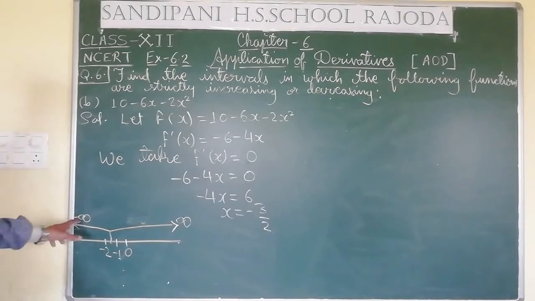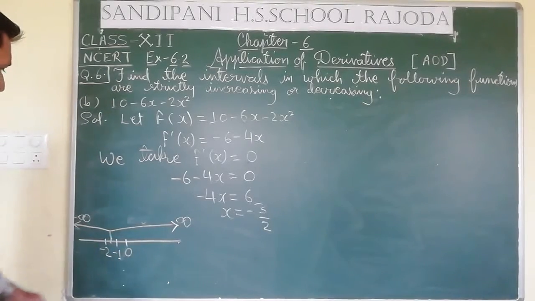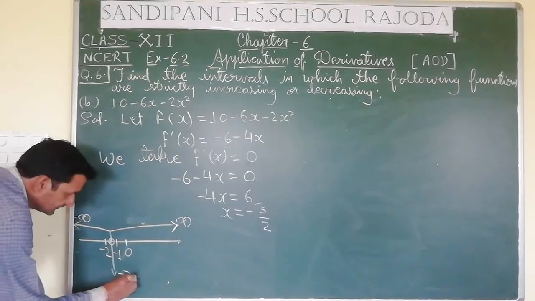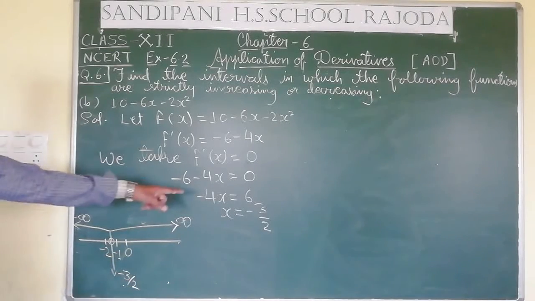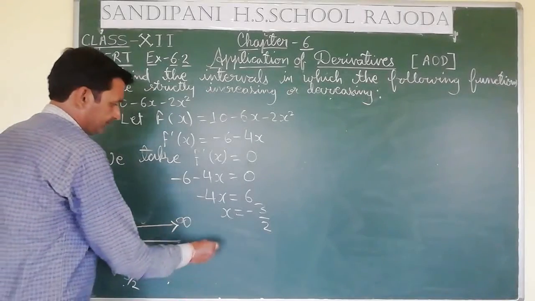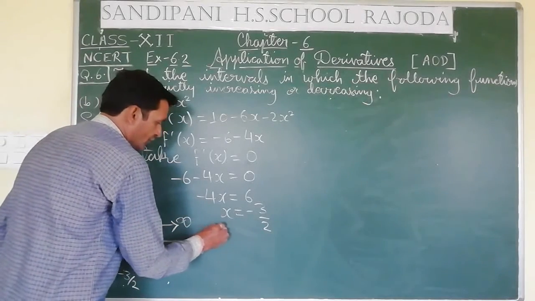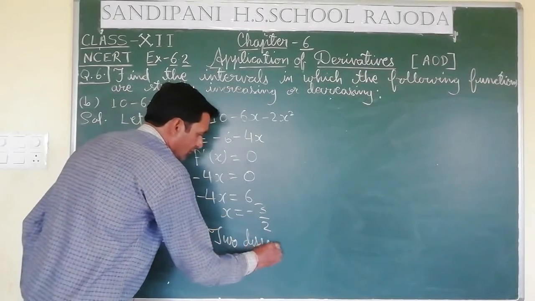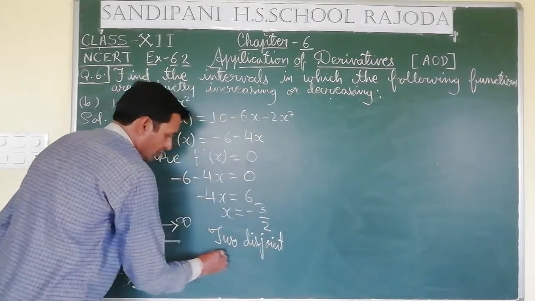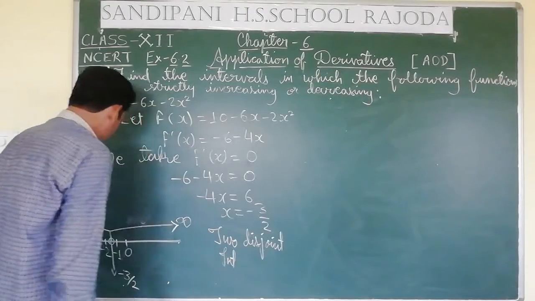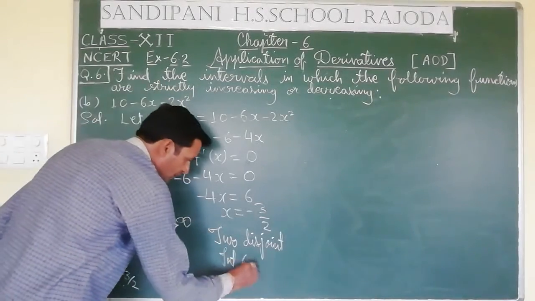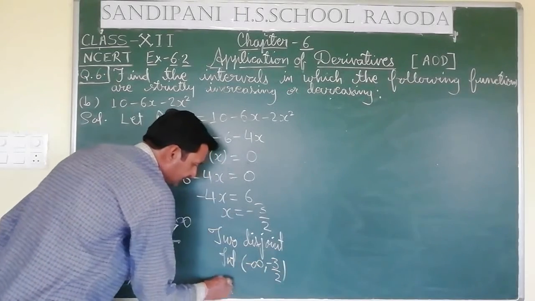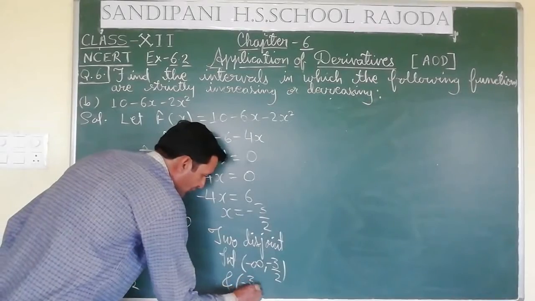So these two intervals are there, between minus infinity and this point, which is minus 3 by 2. This point is minus 3 by 2. So which are the two disjoint intervals? Minus infinity to minus 3 by 2, and minus 3 by 2 to infinity.